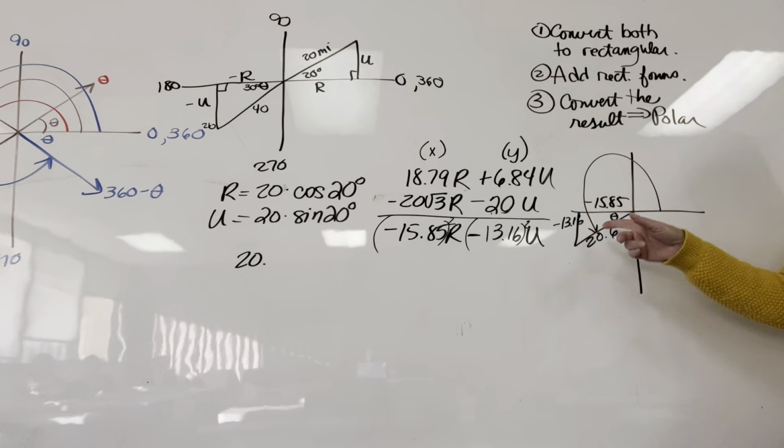The sine is positive. What about the cosine? Adjacent over hypotenuse. It's negative. What about the tangent? Opposite over adjacent. It's negative.